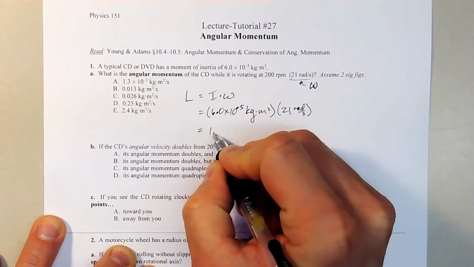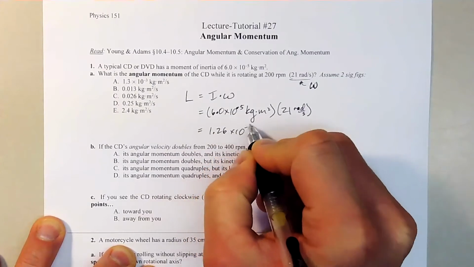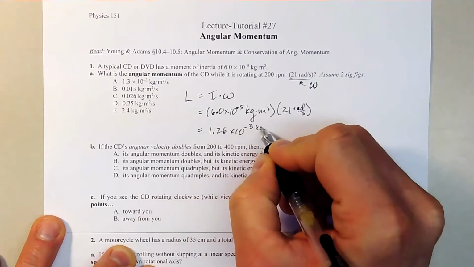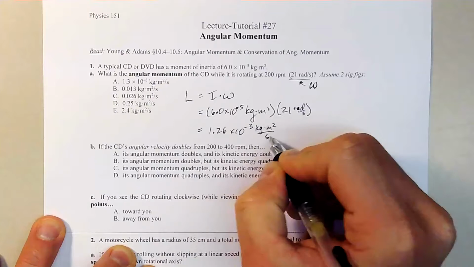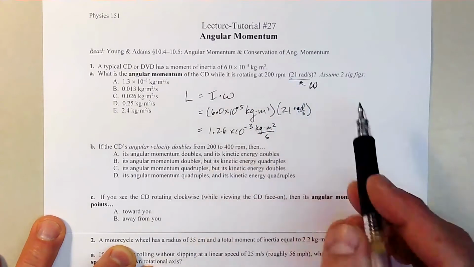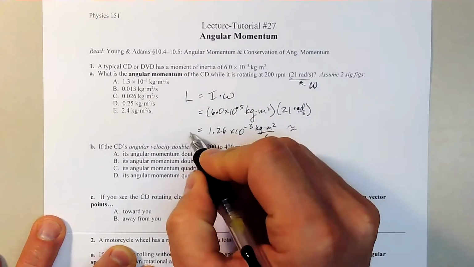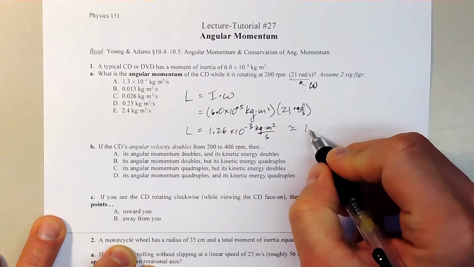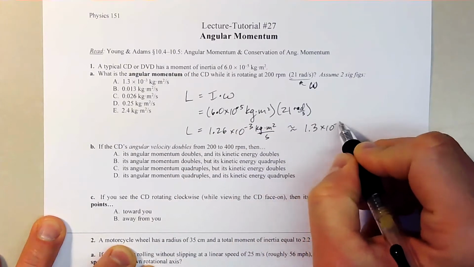So this turns out to be 1.26 times 10 to the negative 3, or we could have written that as a decimal. Now, looking at these quantities, it's a two significant figure problem, so we would round this to 1.3 times 10 to the negative 3.